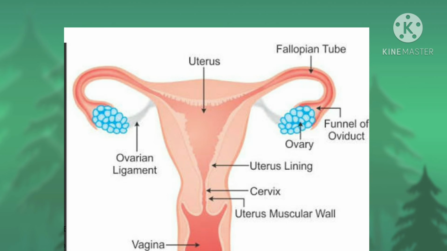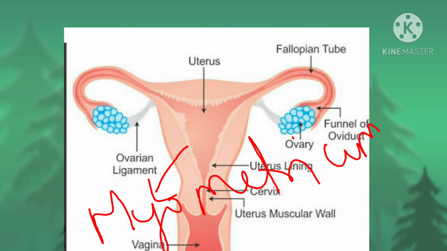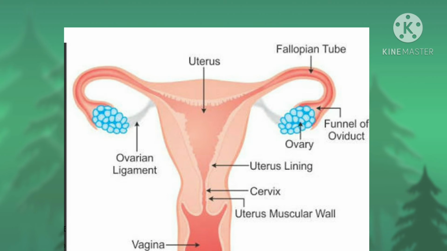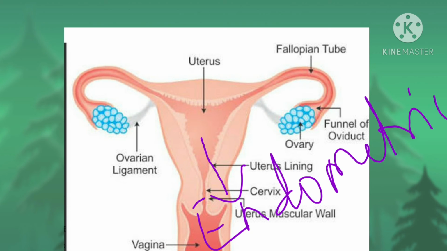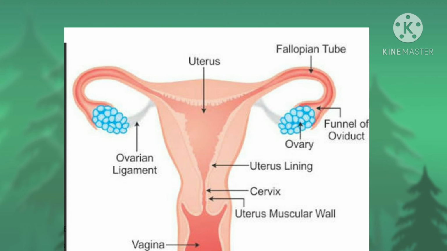The middle part is called myometrium, which helps in the contraction during childbirth. The innermost layer is called endometrium, which is rich with the supply of blood vessels. And endometrium is generally of two types: basal endometrium, which remains attached to the uterus, and the functional endometrium, which is generally shed off every month.